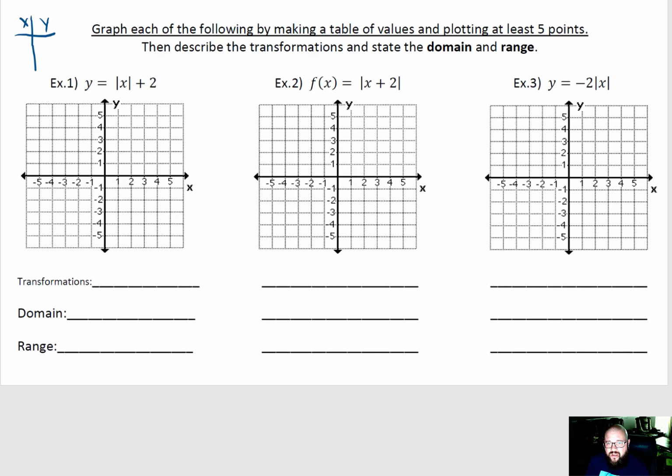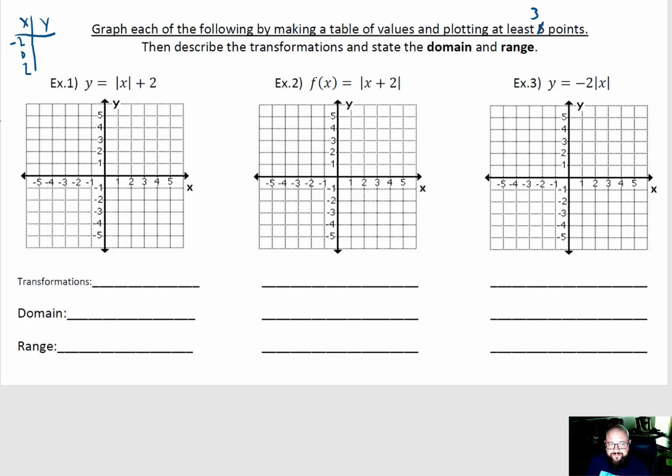So let's make a point at -2, 0, and 2 on our x-axis. Let's pick 3 points. I know it says plot at least 5 points here. We're going to make that 3. No reason to go all the way to 5 points. 3 points should be able to graph it pretty easy. And then we're just going to put these in this equation.